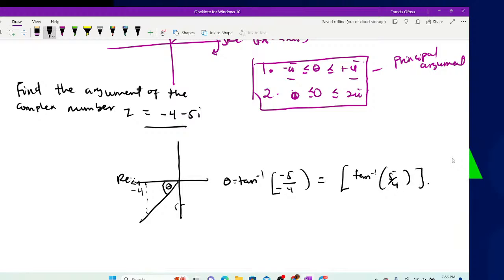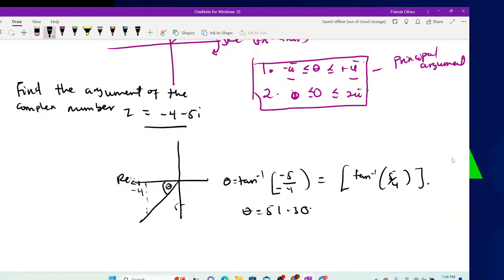You simply punch this into the calculator: tan inverse of 5 over 4. Once you get this, the answer is equal to 51.30, right? So once you get 51.30, we ask ourselves, is this the argument?